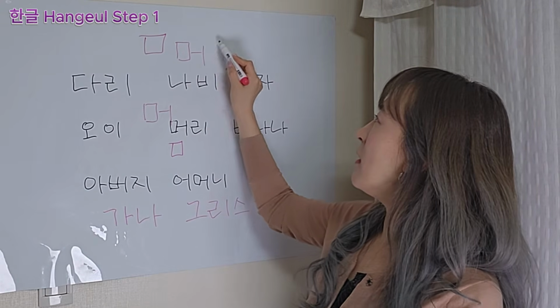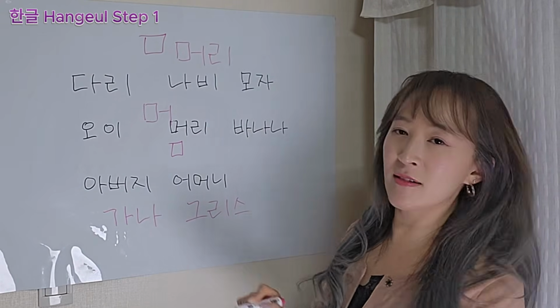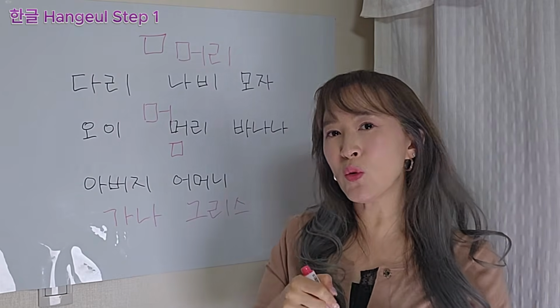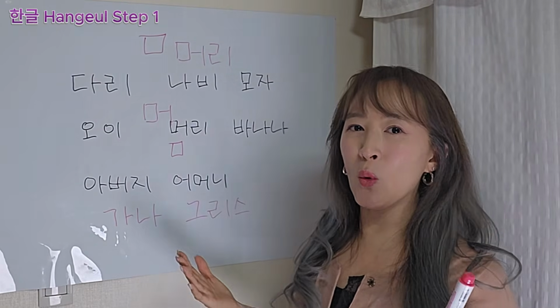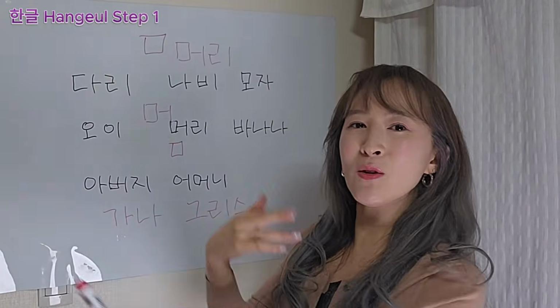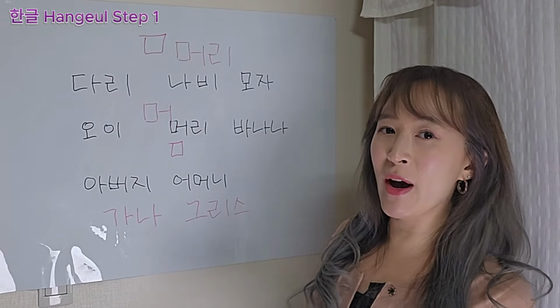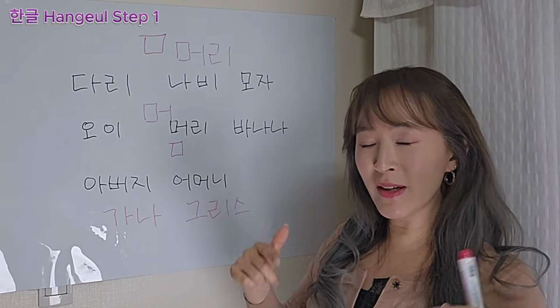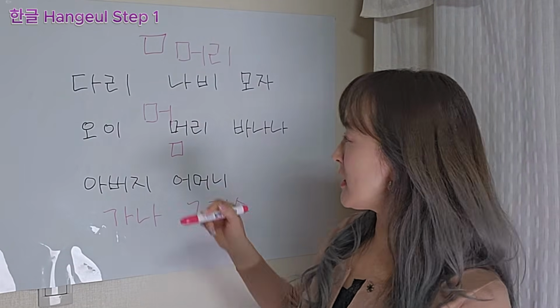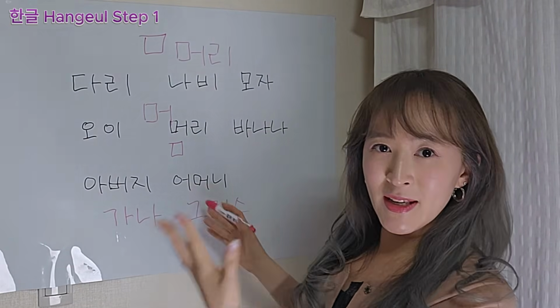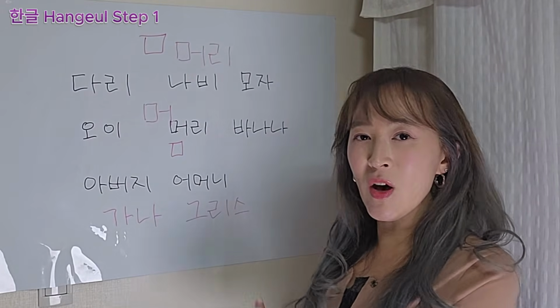So mo, ri, right? So when you get confused with the order, you can go back to the beginning of this video and see how I wrote them. Or if you look at your worksheet, you will see the order of writing these consonants and vowels.